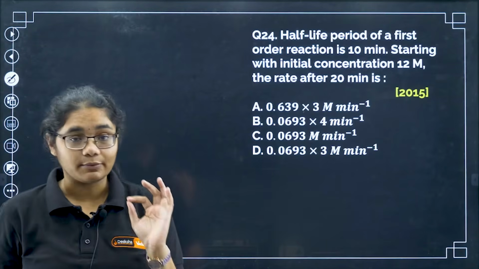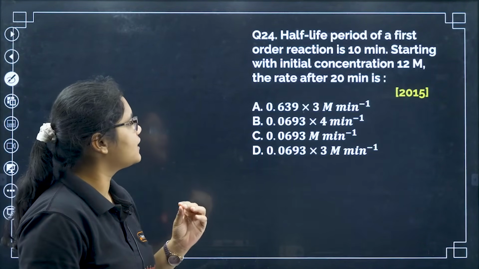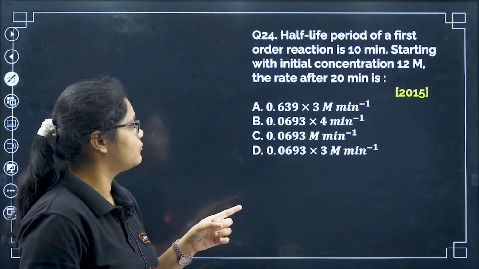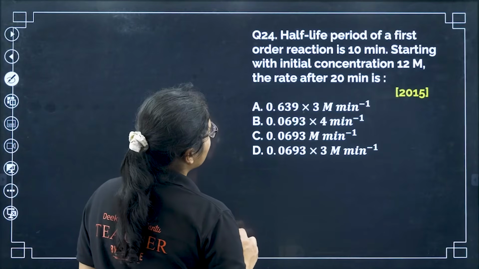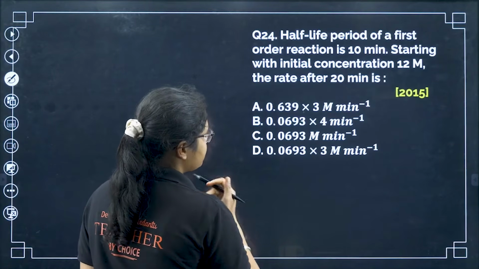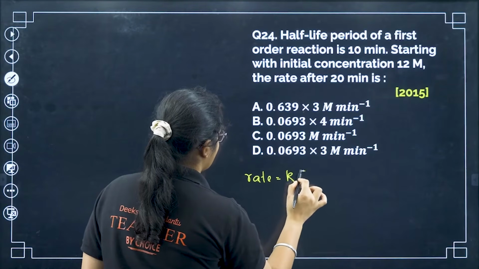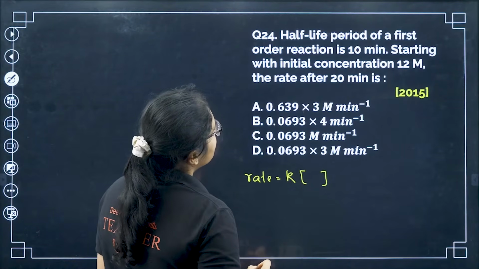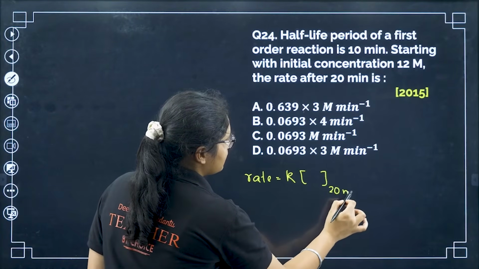Now moving to question number 24: the half-life period of a first order reaction is 10 minutes, starting with an initial concentration of 12 molar, the rate after 20 minutes is? The question is asking for rate. Rate is equal to K into concentration. So we need the concentration after 20 minutes.